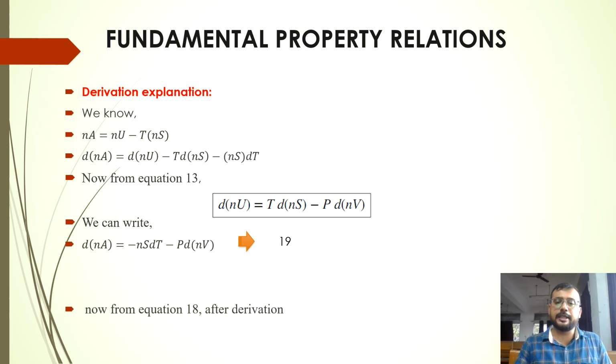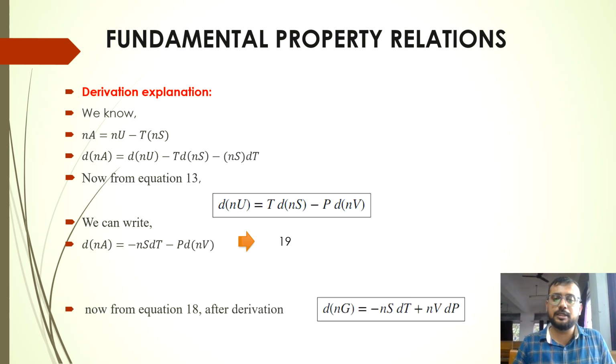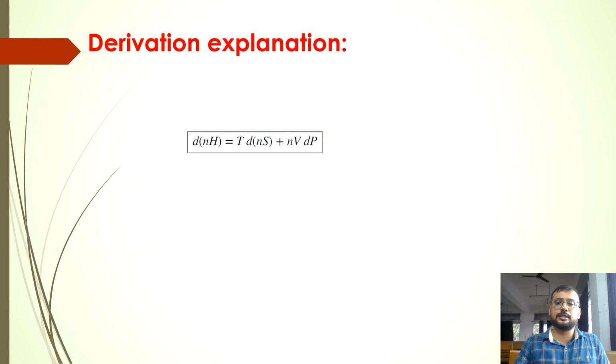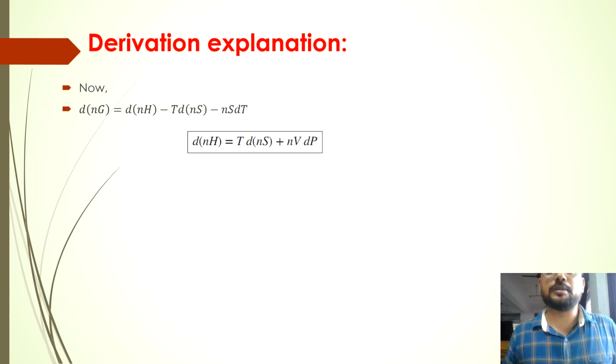Now from equation number 18, the Gibbs function, after differentiation it will be d(nG) equals minus nS dT plus nV dP, equation number 20, and here is the explanation. Now d(nG) equals d(nH) minus T d(nS) minus nS dT.